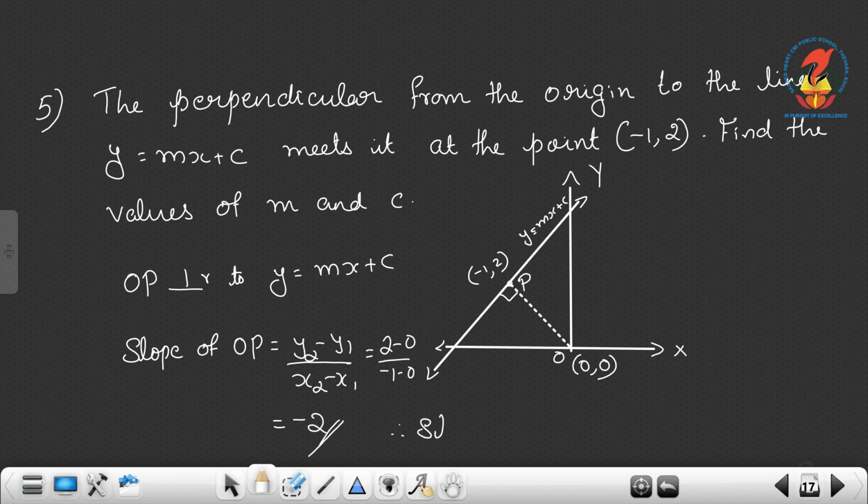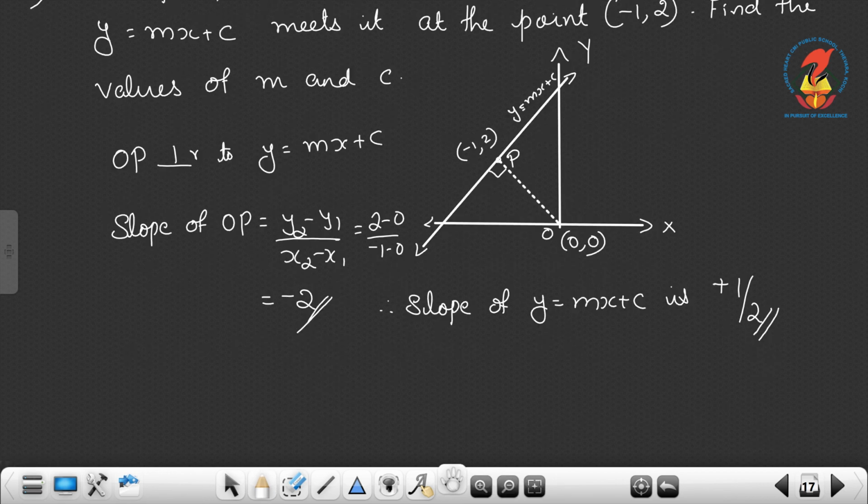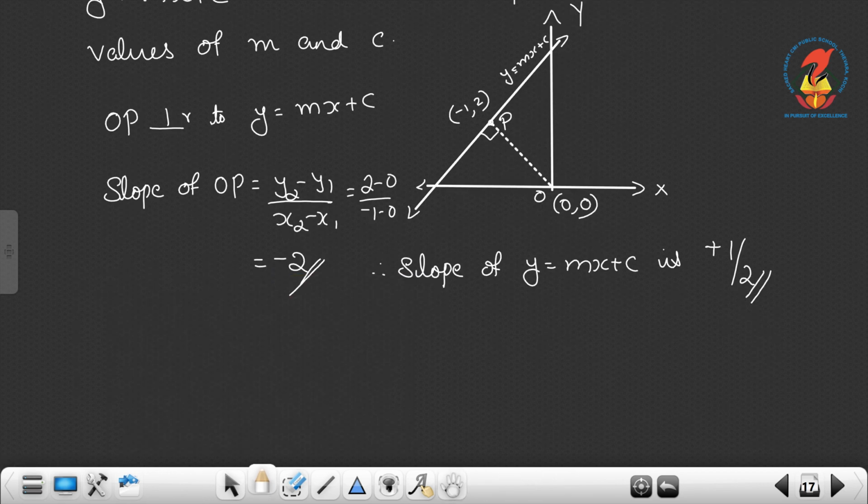Therefore, the slope of the line is the negative of the reciprocal. Minus 2 reciprocal is minus 1 by 2, so with the negative it becomes positive 1 by 2. This is the slope of the line. Slope is the same as m, so m is equal to 1 by 2.